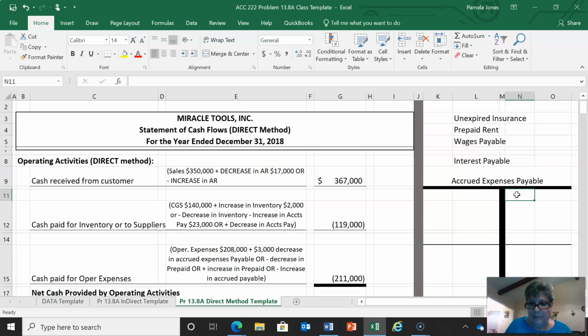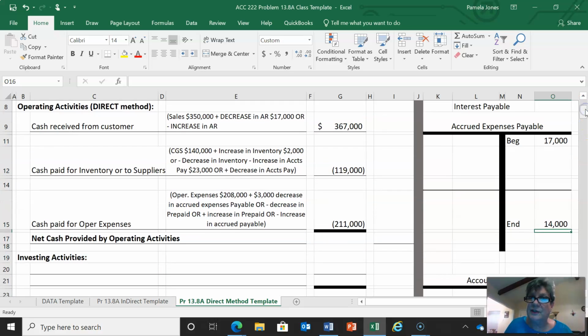So again, it's a liability, so the beginning balance is on the credit side. The accrued expenses payable account started out at $17,000 credit, and at the end of the period, it's got a balance of $14,000 credit. Now, that's two pieces, and we've got four parts of this, so we need to fill in the other.